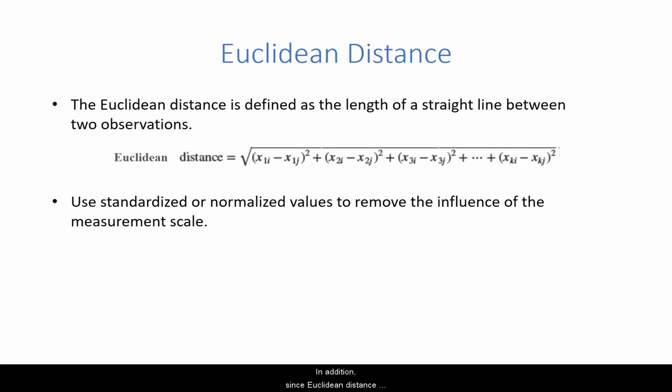In addition, since Euclidean distance measures are influenced by the measurement scales used for the variables, standardization or normalization are needed before the computation of distance measures. Since we have discussed the Euclidean distance measures in great detail in the previous lecture, I am not going to repeat it here. If you want, please refer to the similarity measure lecture for more details.